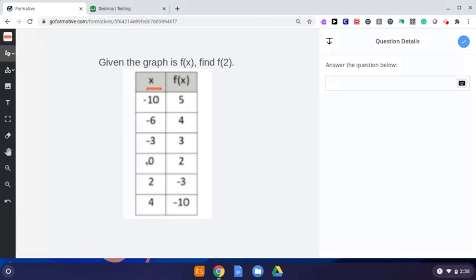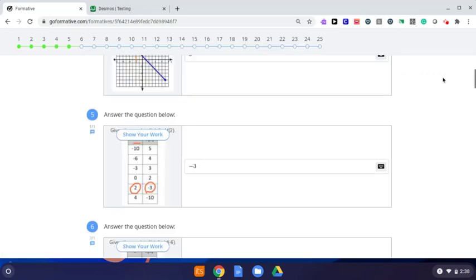Value 2 is right here, and at value 2, I get -3 for the f of x, or for the y. So my answer right there is -3. Okay? So when you have a table, this is the x value. Look for the x value, and the answer will be what's on the y value side. Let's go on to the next question.